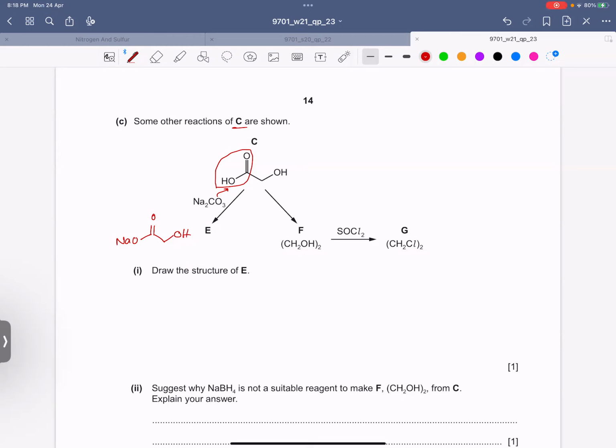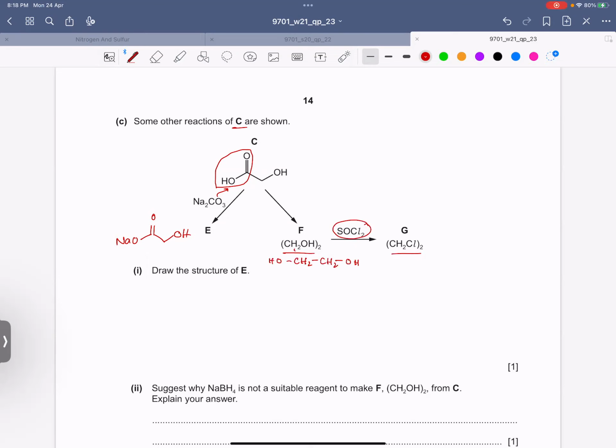Okay, then here we are getting a compound F, and that compound F reacts with SOCl2, which suggests that this compound has a diol.